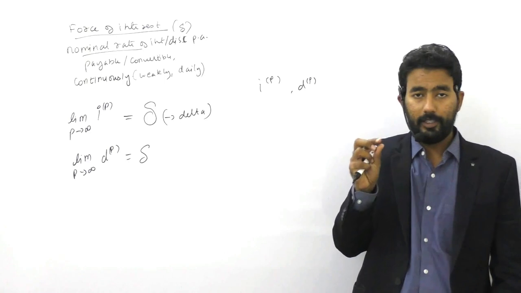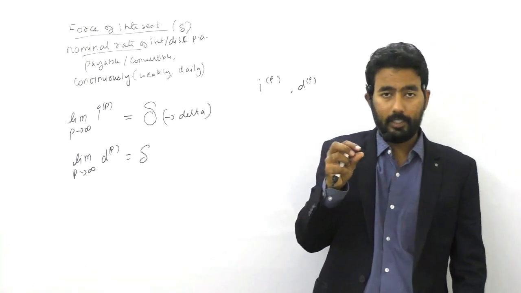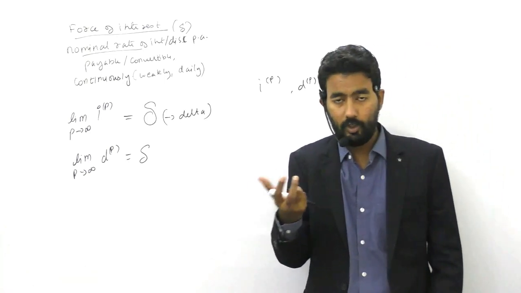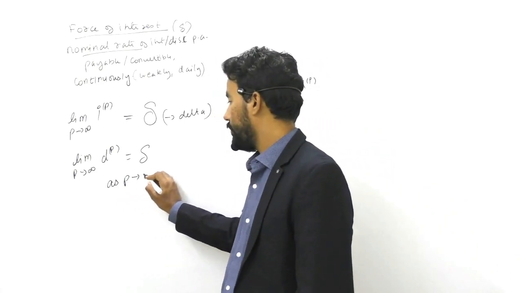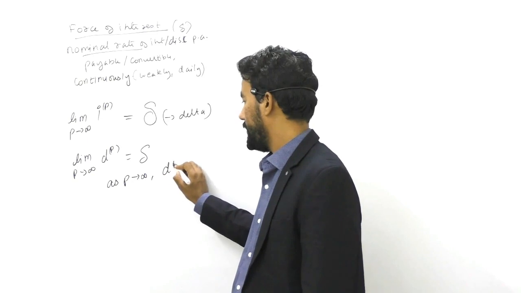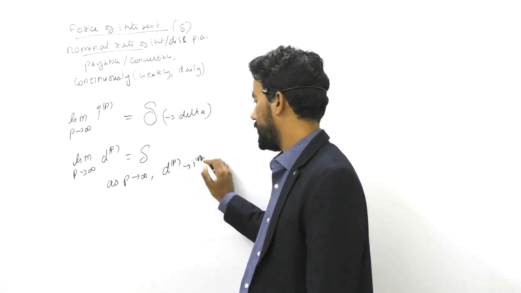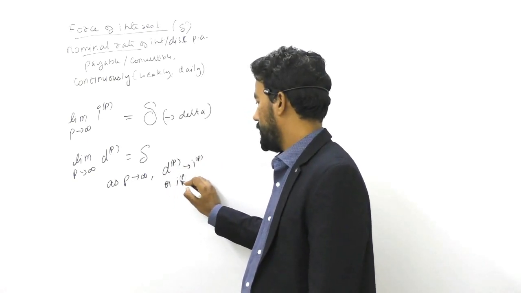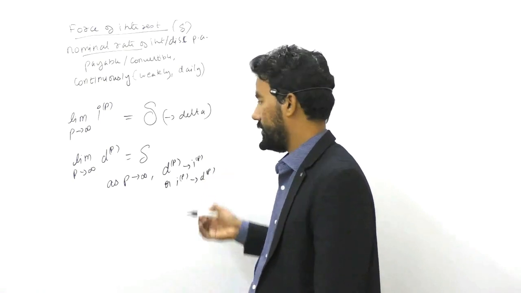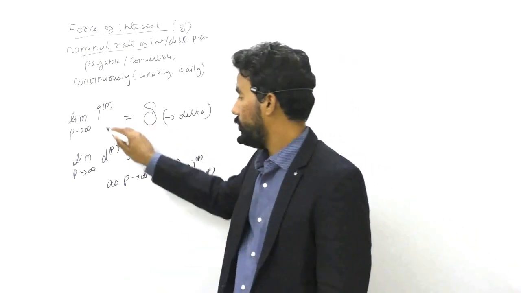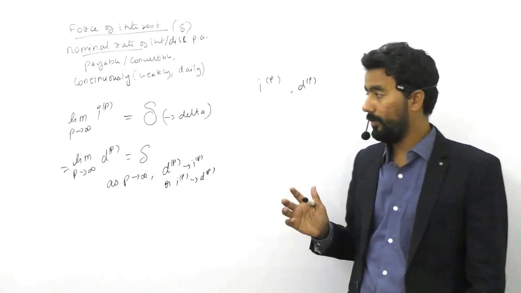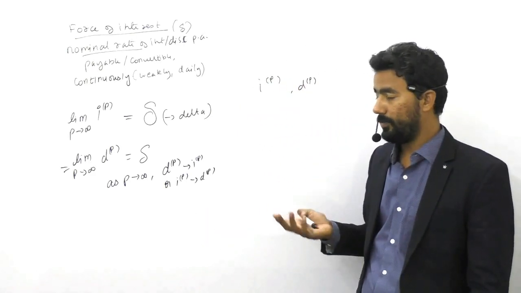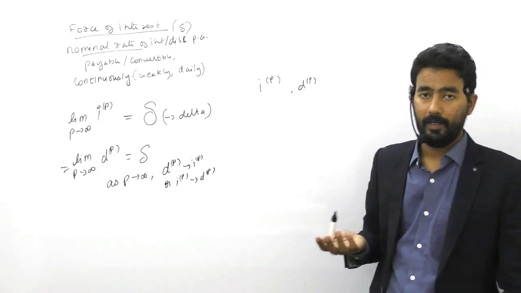The interest that you're going to be paid, be it at the start of 1 second or at the end of 1 second, is going to be the same. So I can say that as p tends to infinity, d^(p) tends to become i^(p), or i^(p) tends to d^(p). I can write both. So both of these are basically one and the same statement. If p is tending to infinity, i^(p) and d^(p) become equal, and both are referred to as delta.